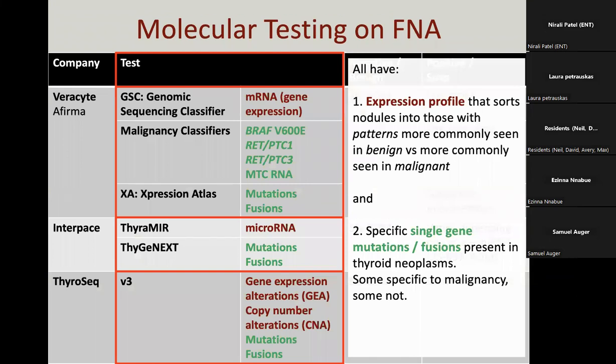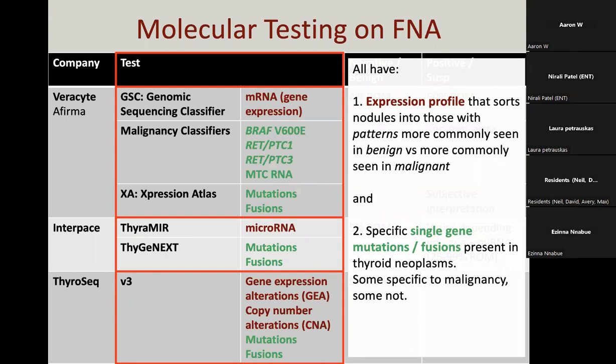So there are 3 commercially available tests in the US for molecular testing on indeterminate cytologic thyroid nodules on FNA. There's Veracyte's Afirma, which is probably the biggest one. There's ThyroSeq out of Pittsburgh, and there's Interpace's ThyGeNEXT. All of them do pretty much 2 things.